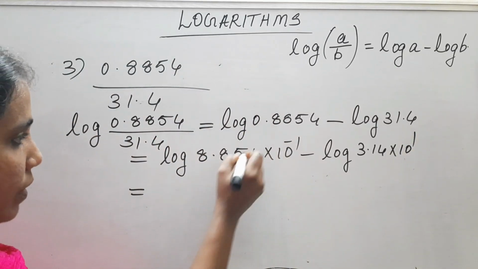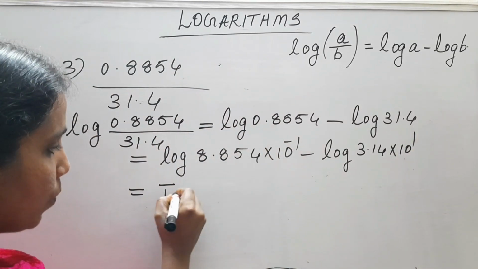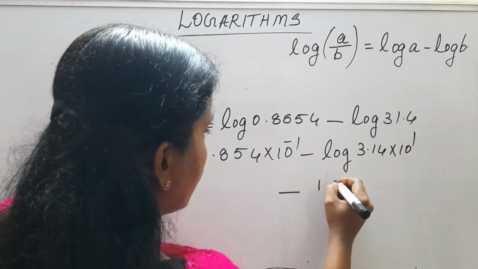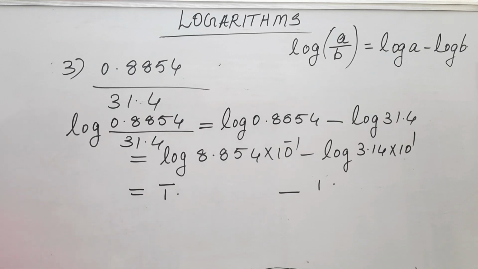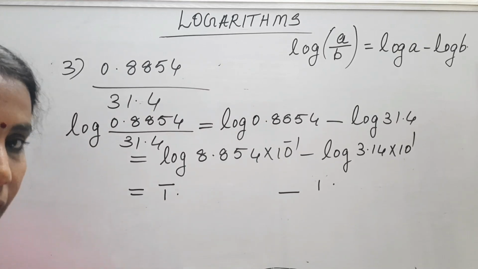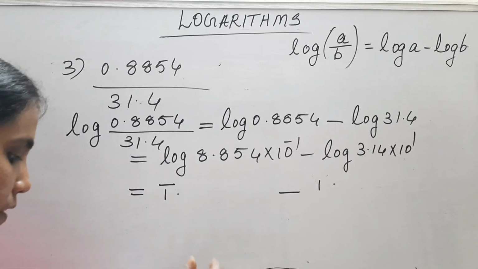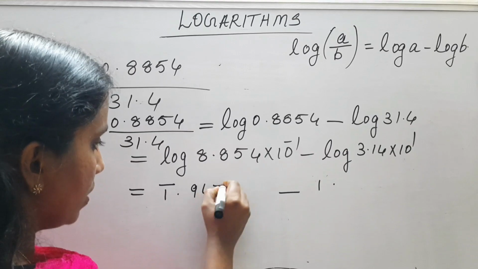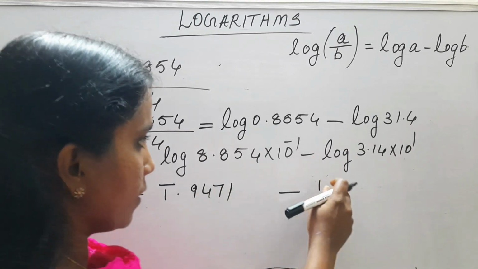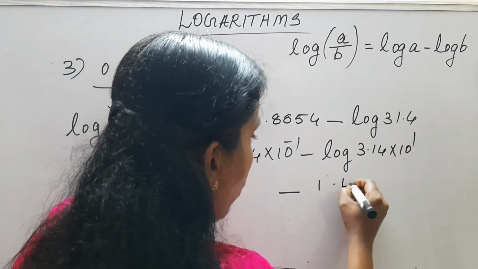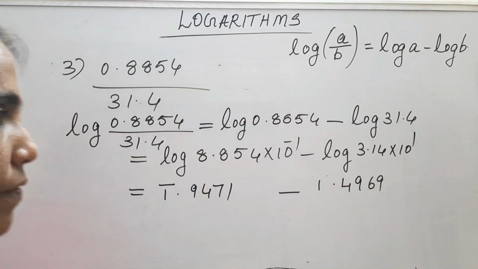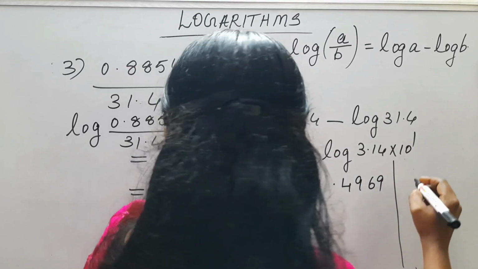So when you take the logarithm, here the exponent part is bar 1 and there it is 1. Now taking the logarithm using logarithm tables, corresponding to this it is 9471 and corresponding to this it is 4969.